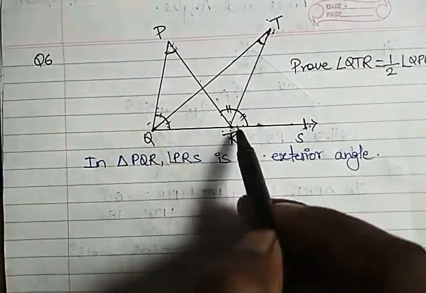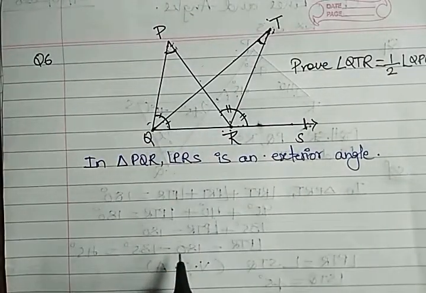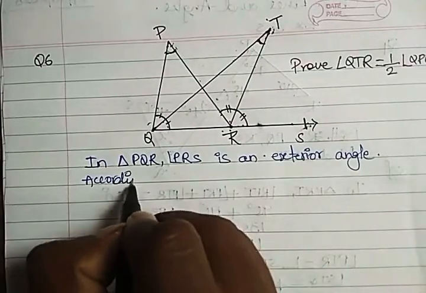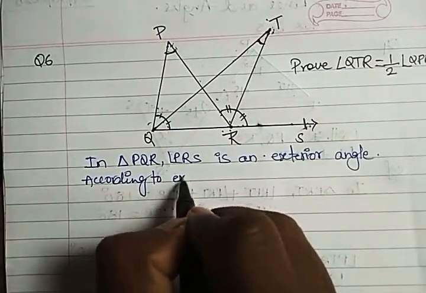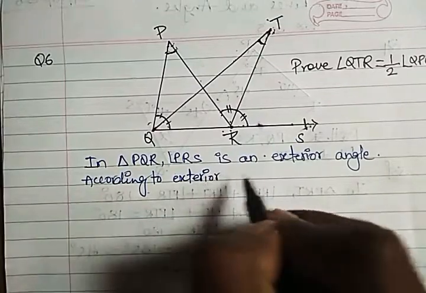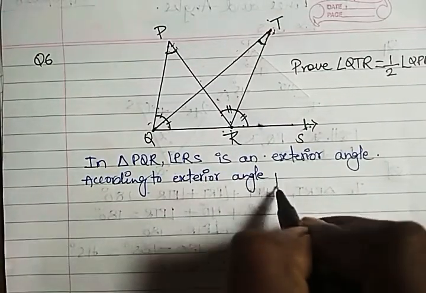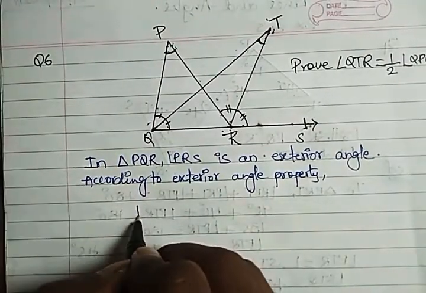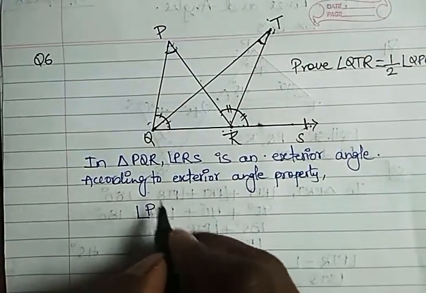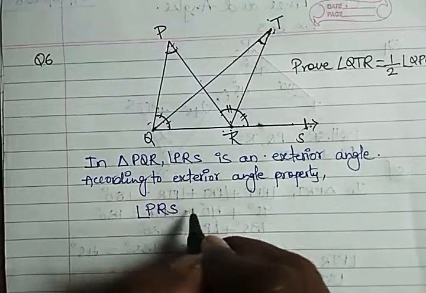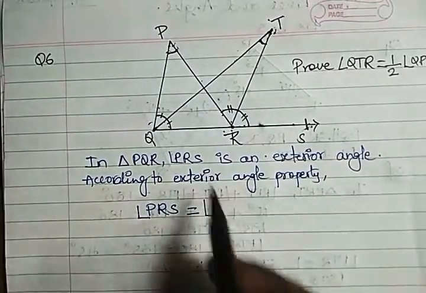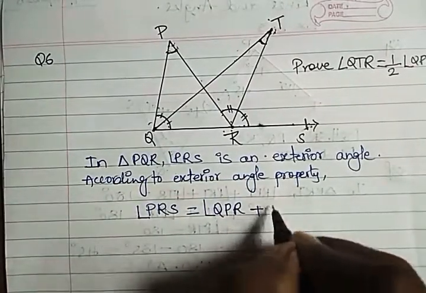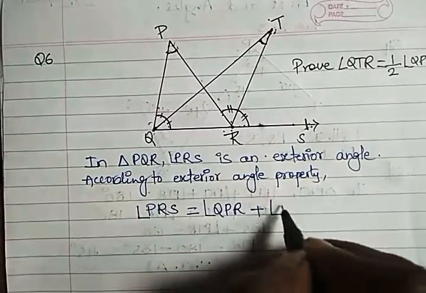QPR and PQR. These are the two interior opposite angles. So according to the exterior angle property, we will write angle PRS is equal to the sum of QPR plus angle PQR.